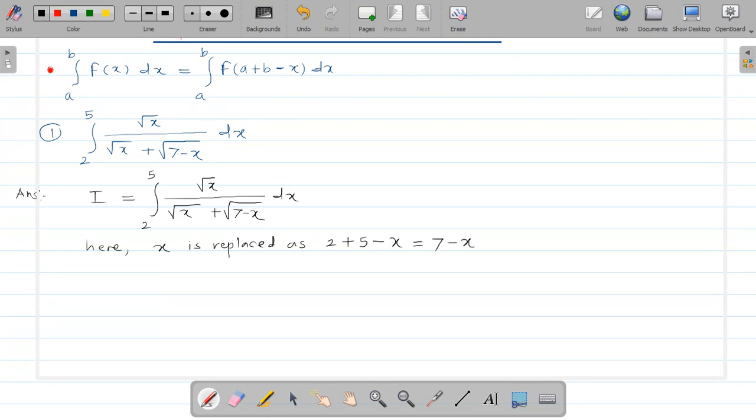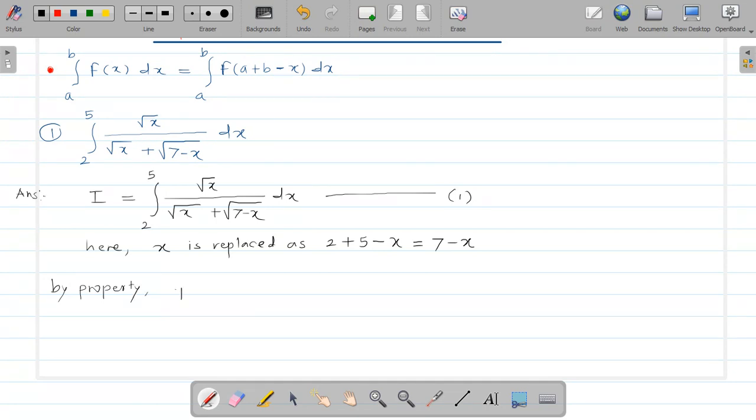So in this given integration we have to replace x by 7 minus x if we want to use this property. Now the given integration you can consider as equation number 1. Now by this property, I will write here, by property.